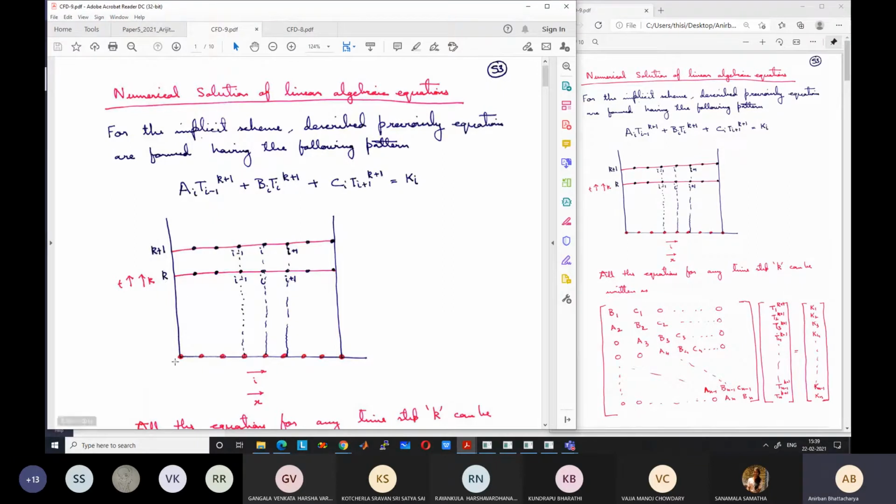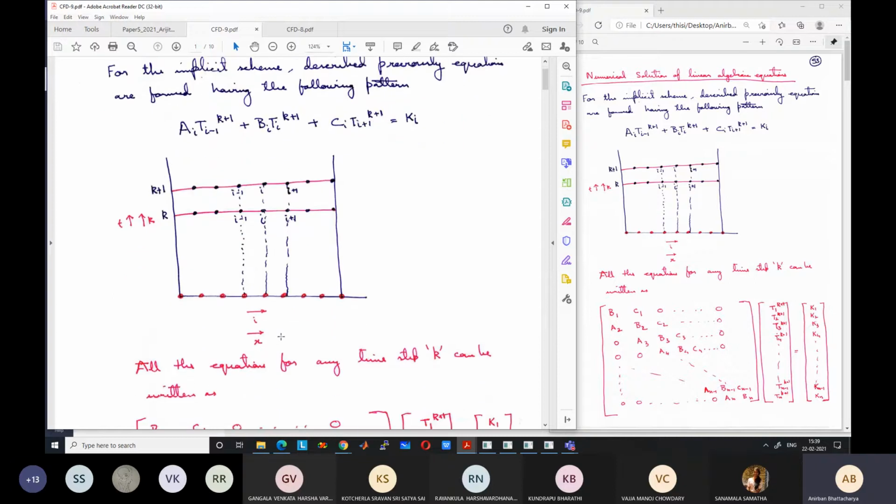So if I have a grid pattern like this, what I am showing here, it is a 1D transient problem. The x direction is the horizontal direction, and the y direction is the vertical direction. In this schematic, along the x direction, we have divided the domain into a certain number of grid points or nodes.